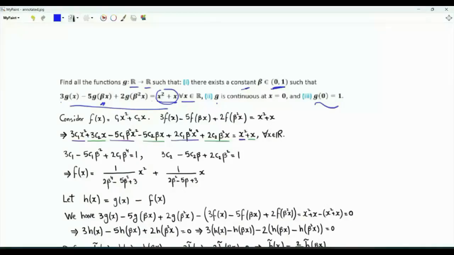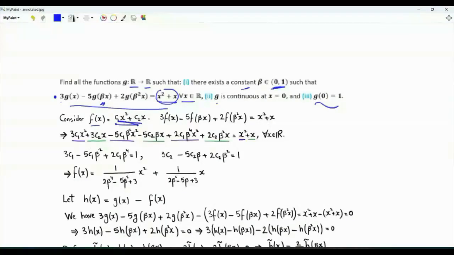Inspired by this x² plus x, let's consider a function f of x equal to c1x² plus c2x. What should be the constants c1 and c2 so that function f satisfies the same functional identity? We need 3f of x minus 5f of βx plus 2f of β²x to be equal to x² plus x.